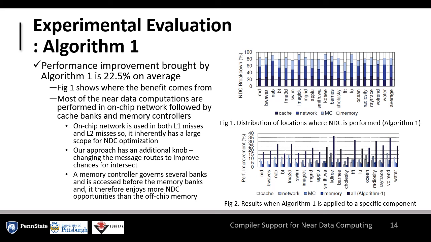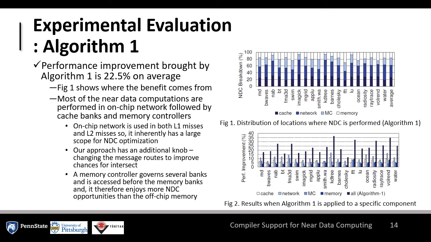The plot on the bottom right, on the other hand, is showing the last bar in this graph for each benchmark, showing the performance improvements over the conventional execution. We see significant improvements on average, 22.5% improvement that algorithm 1 brings over the conventional execution without exercising near data computing.